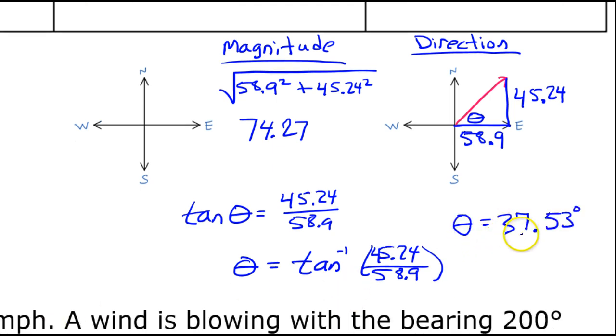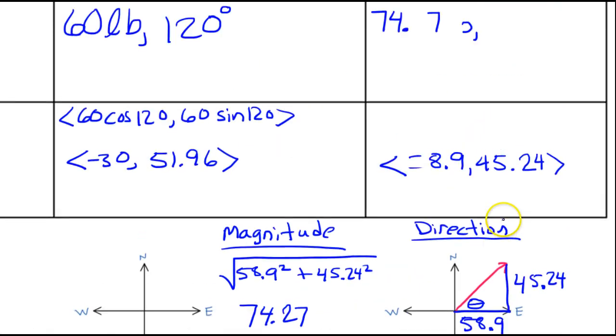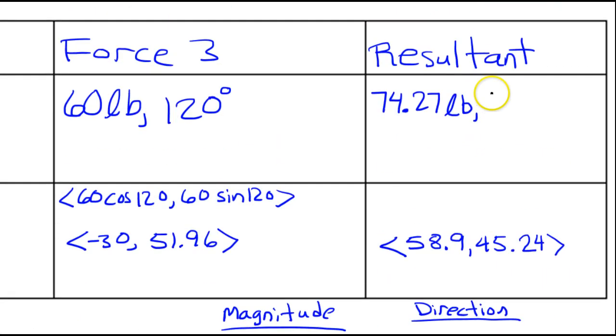Turns out theta equals 37.53 degrees. Sometimes we have to convert this angle into bearing or north of west or something like that.